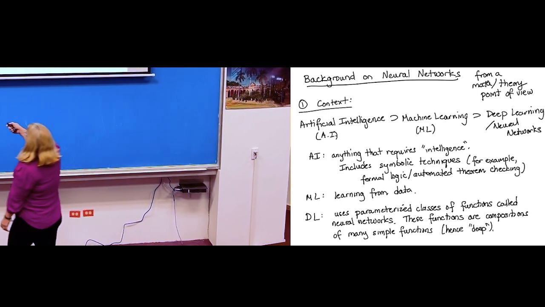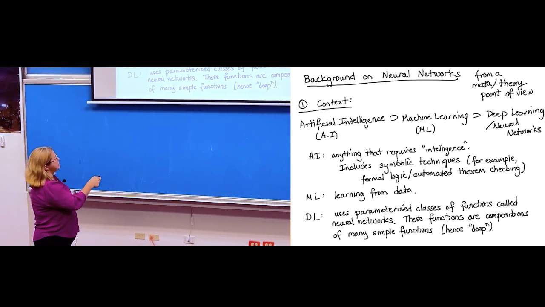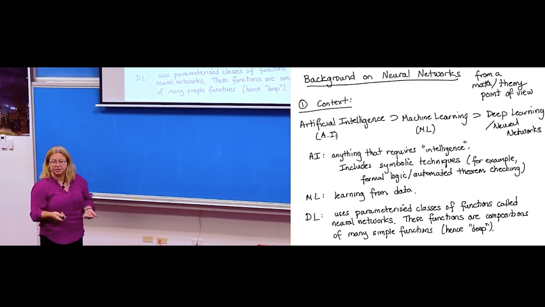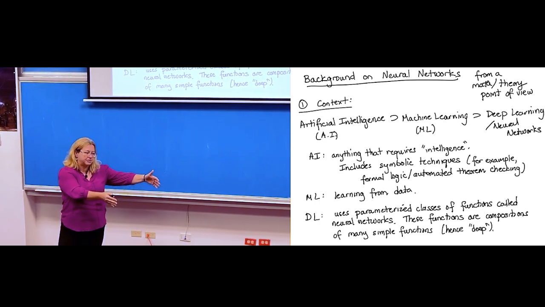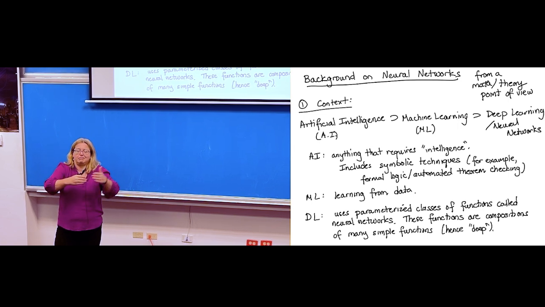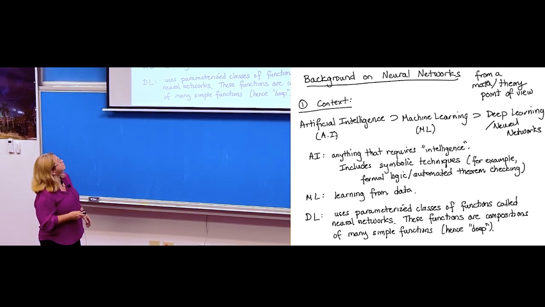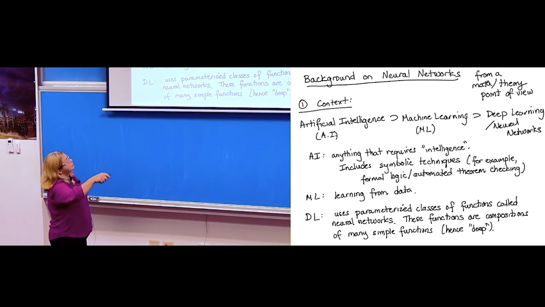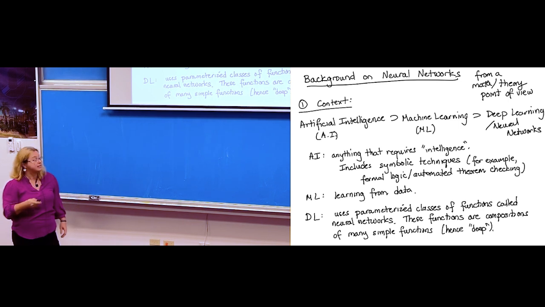The reason it's called deep learning is that these functions are compositions of many simple functions: a simple function followed by another simple function followed by another. That's why it's called deep, because it's a deep composition of these very simple functions. So we're going to be focusing here on these deep learning techniques.